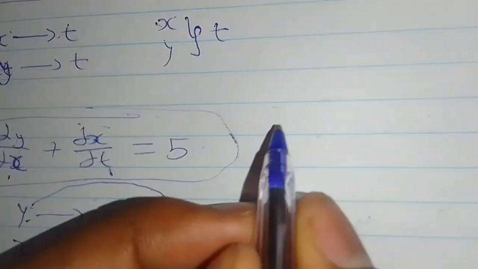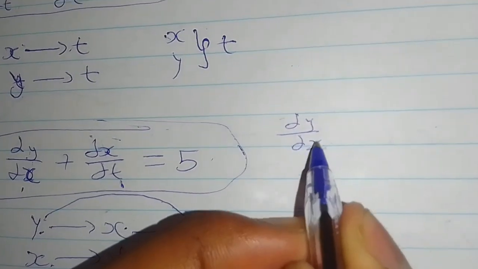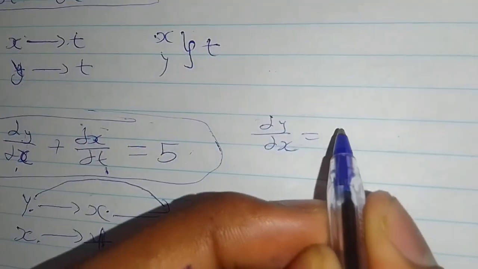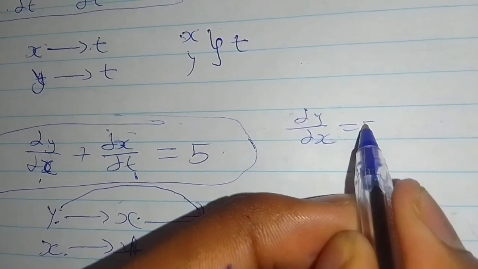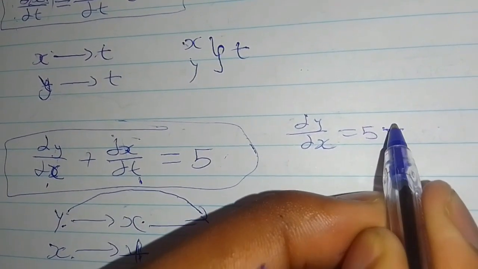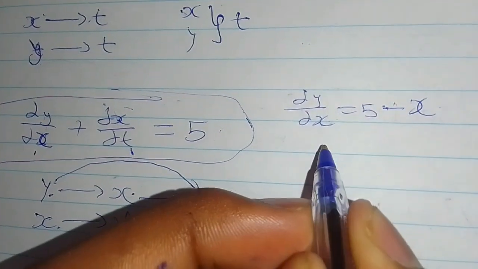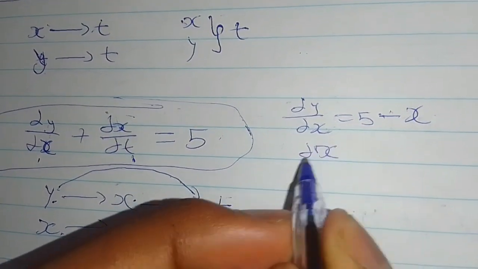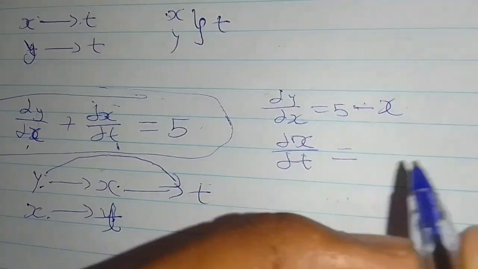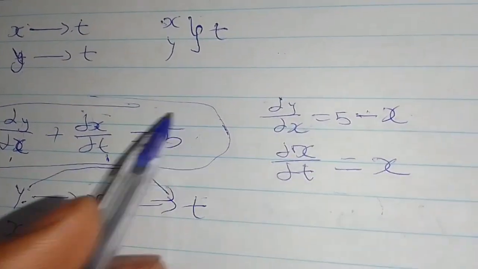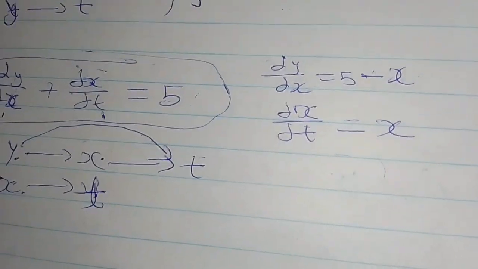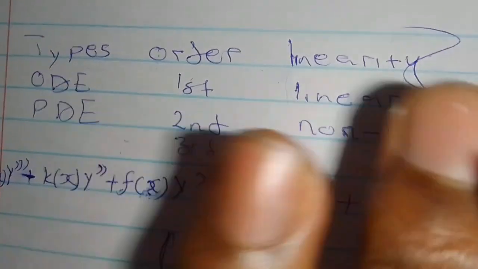From here, we can maybe say that we had dy/dx being equal to, let's say, 5 minus x, and then dx/dt would be something like positive x, and when you add them together, they give you that 5. Okay, so that's the classification of differential equations according to type, order, and linearity.